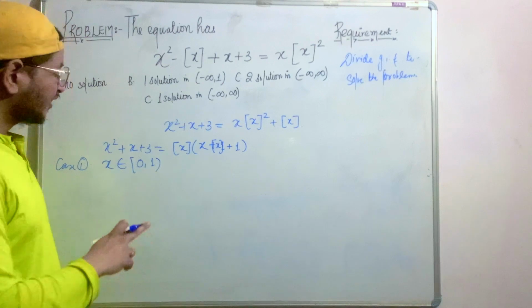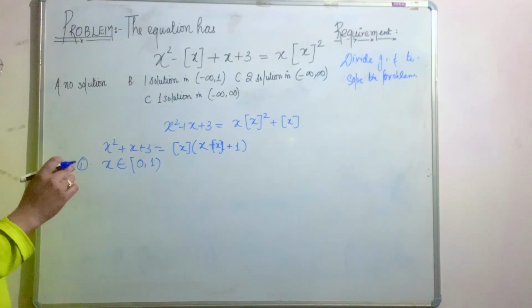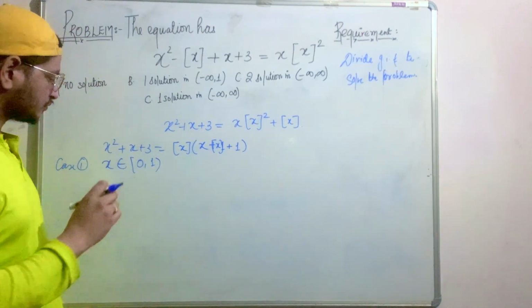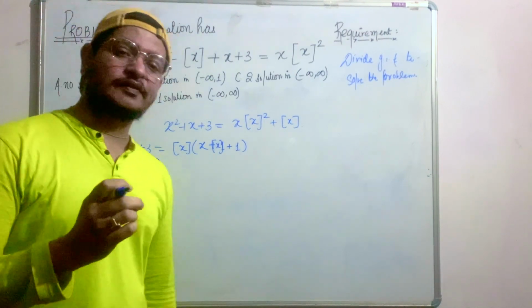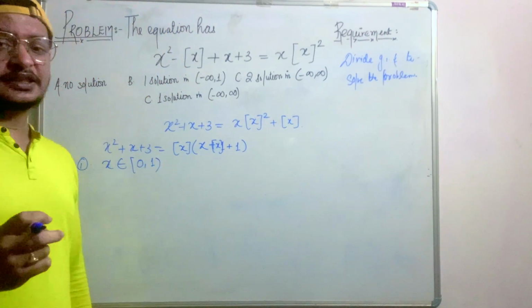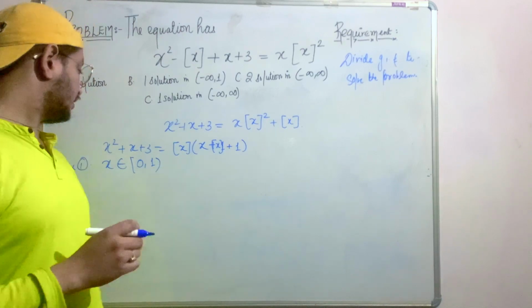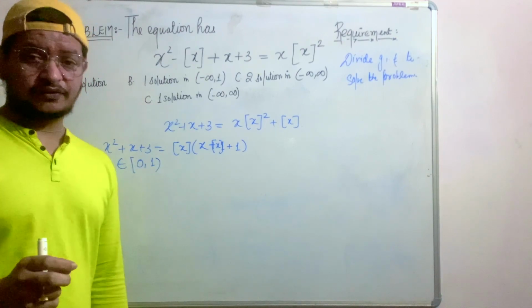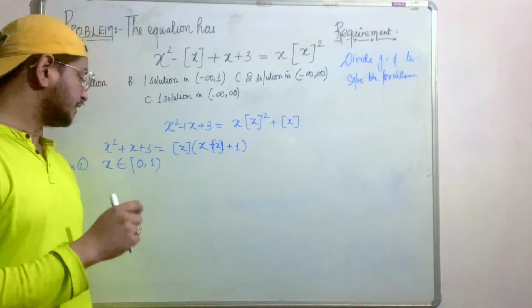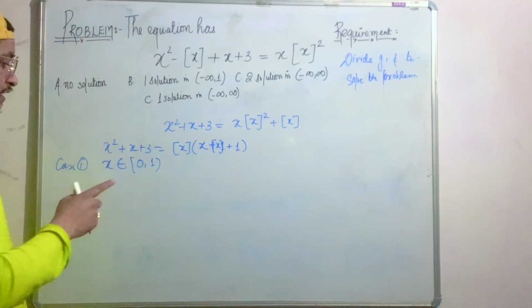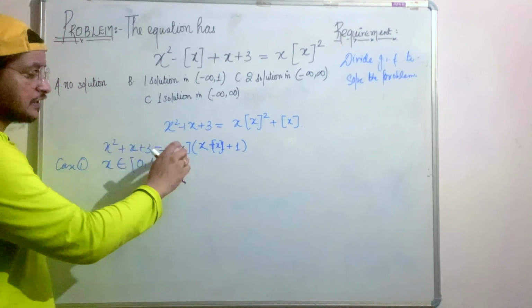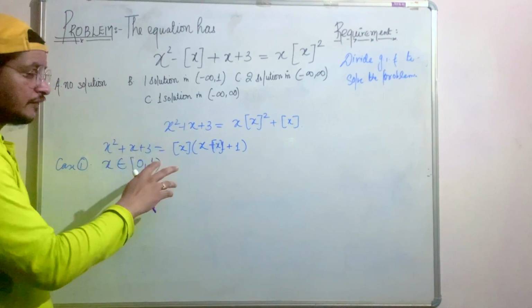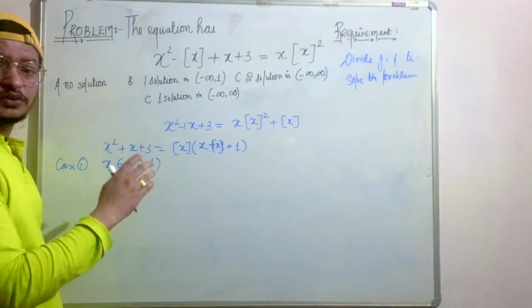Why? Because for x square plus x plus 3, if I find b square minus 4c, we will get an imaginary root. Since we are getting an imaginary root here, this value will always be positive, so we have to take the value of x on the positive side.